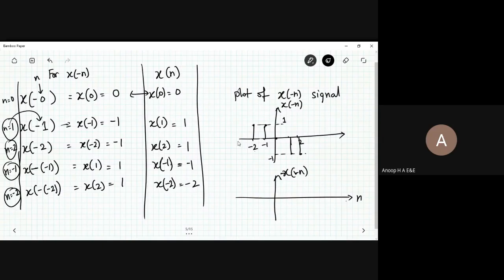Once you multiply these values, you will get the original signal like this, which is 1, 2, minus 1, minus 2, and again you have x of 0 equal to 0.